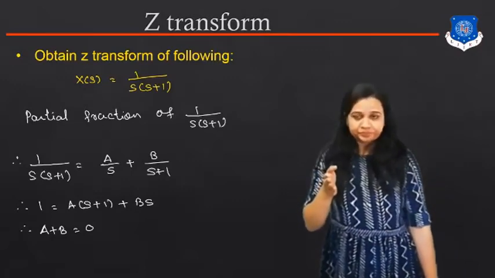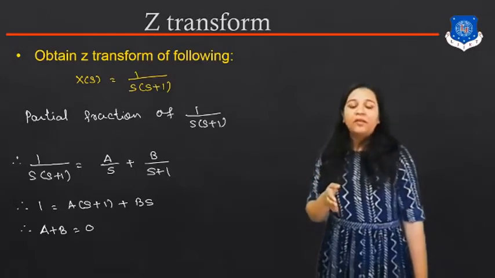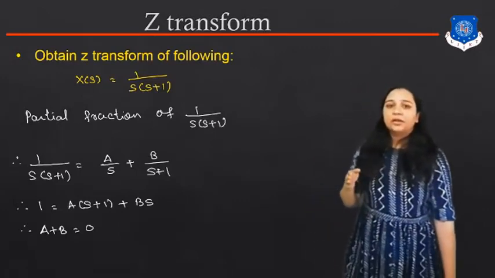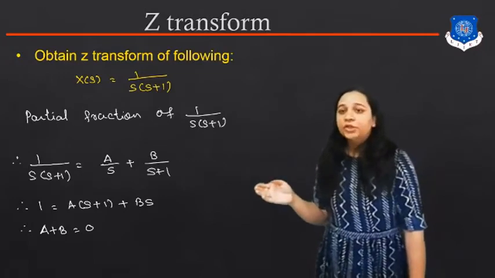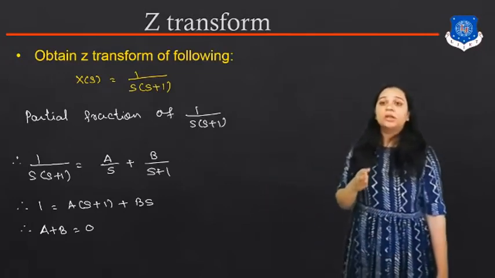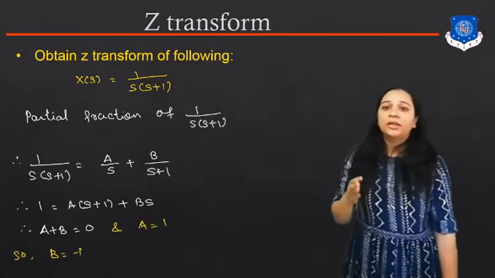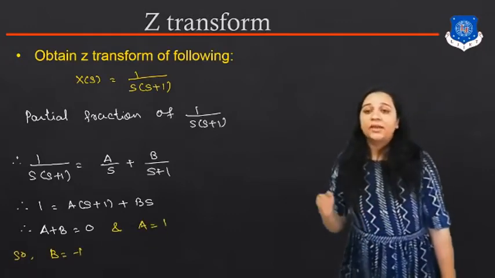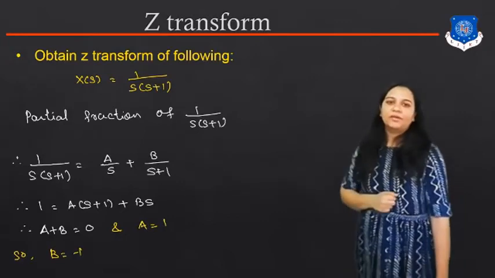With respect to s, the coefficient of s is 0 on the left hand side, so we can put A plus B equal to 0, and the constant term is 1, so we can put here A equal to 1. That's why we simply get B equal to minus 1.